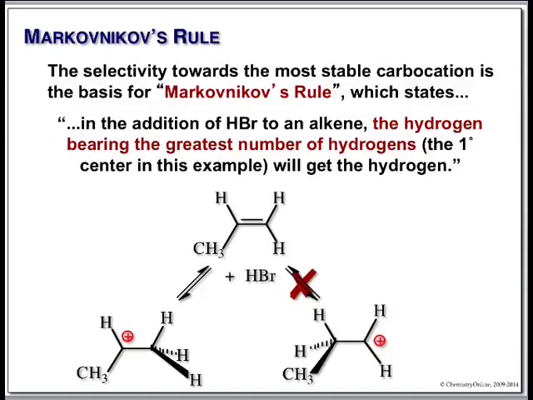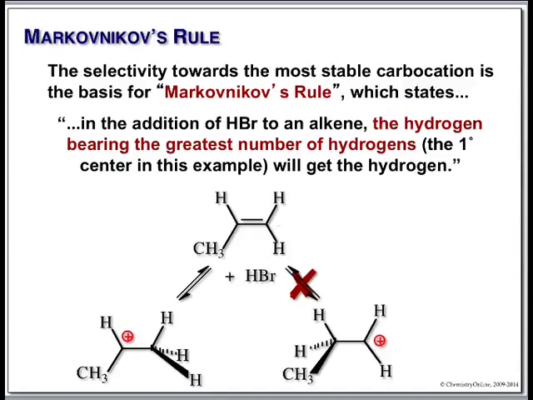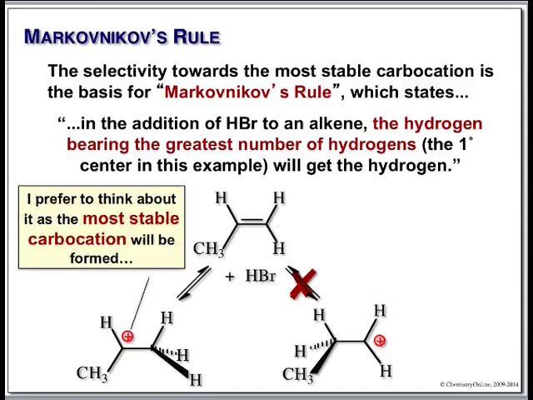It's better, I think, to think about it in terms of carbocation stability. The carbon with the greatest number of hydrogens gets the hydrogen, but overall, the most stable carbocation is always going to be formed. So what we need to do is to develop an understanding of carbocations and what makes them stable.